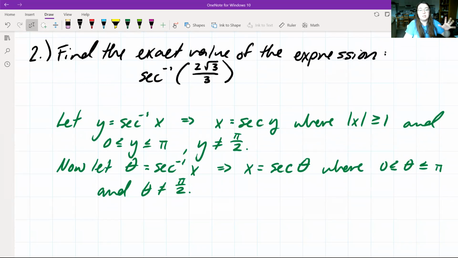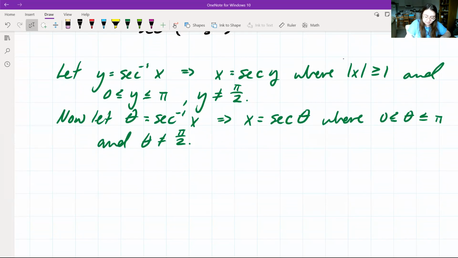So we've changed up our problem a little bit here. We used this initial idea that we let y equal secant inverse of x. We've established our values of x and y. Now we change this over to theta instead, so now we're just dealing with theta and x.